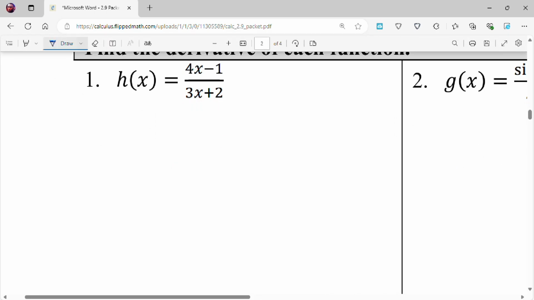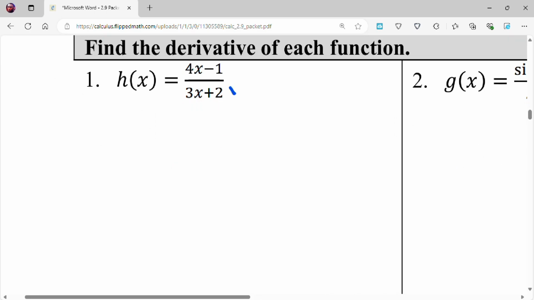Okay, so first identify your v and your u. So denominator is always v, top is u. So let's do this. h prime of x equals v u prime, the derivative of u. So u is 4x minus 1, so the derivative of 4x is 4.